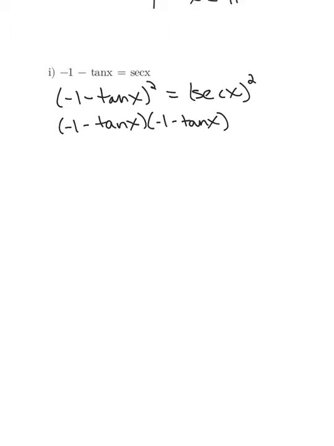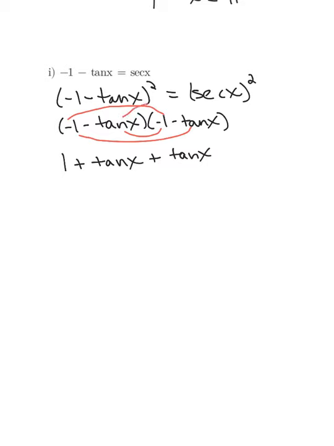So if we take the first times the first, we're going to get 1. If we take the outsides times each other, we're going to get plus tangent x. Take the insides times each other. We get another plus tangent x.